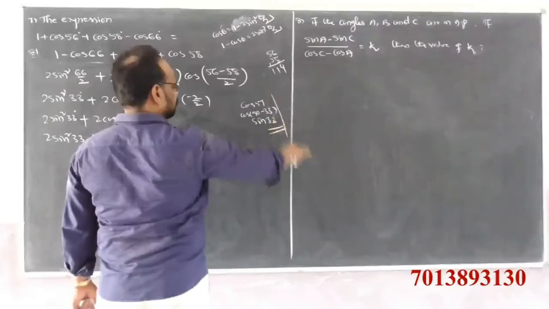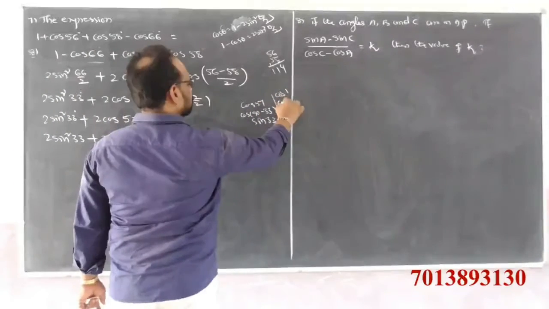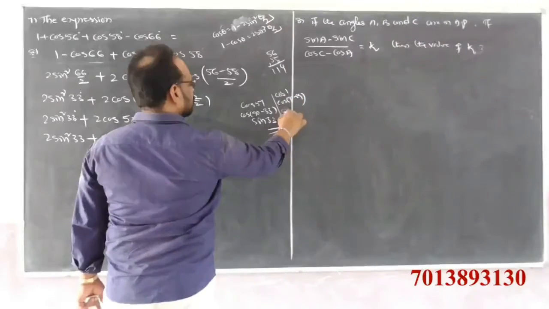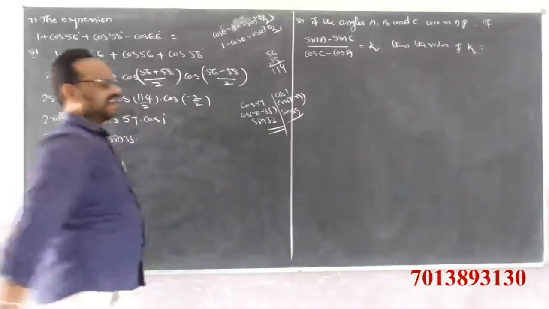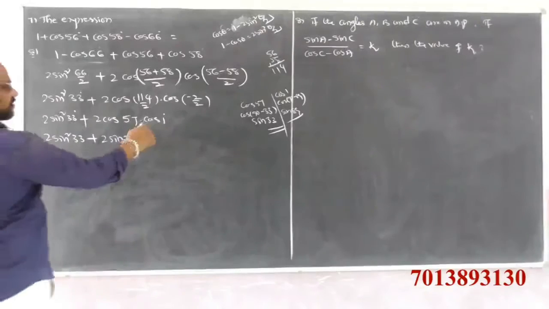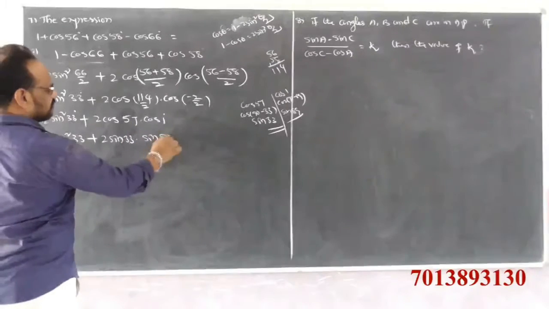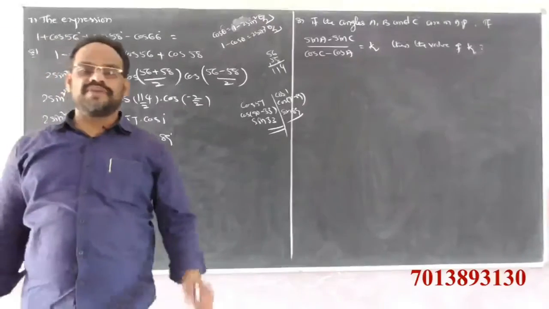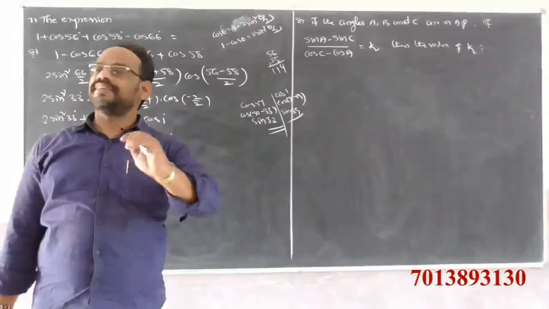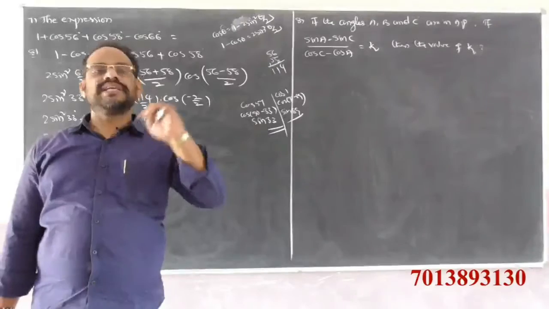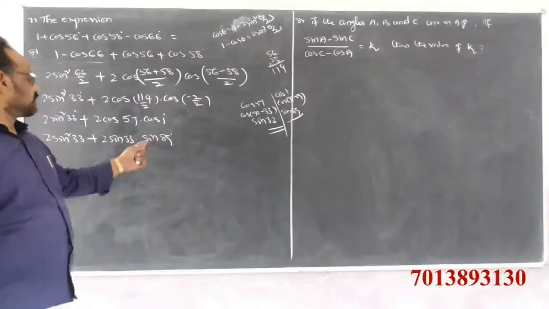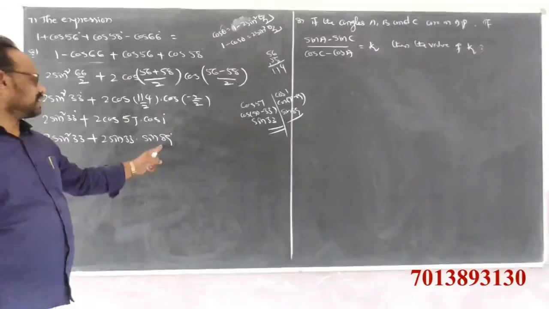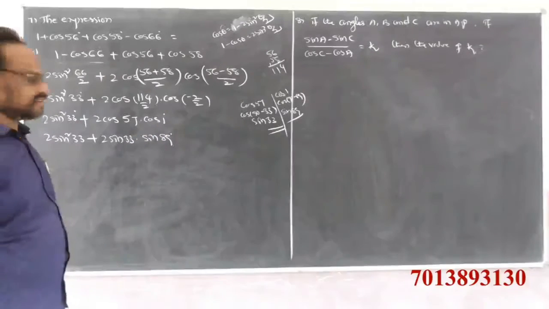Cos 1 means cos 90 minus 89, so we get sin 89. Already we know that if a plus b is equals to 90, sin a is equals to cos b, cos a is equals to sin b. So 1 plus 89 is equals to 90, so cos 1 is nothing but sin 89.